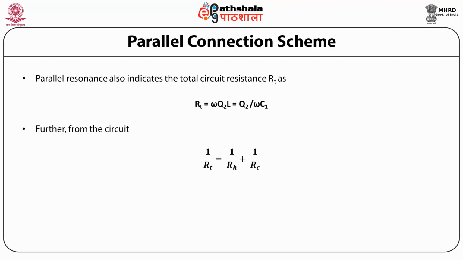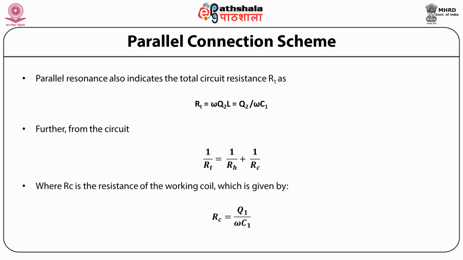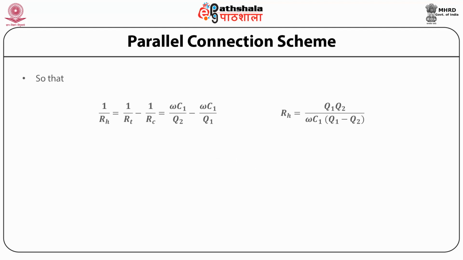Further, from the circuit, 1 by RT is equal to 1 by RH plus 1 by RC, where RC is the resistance of the working coil, which is given by RC is equal to Q1 by omega C1. So that 1 by RH is equal to 1 by RT minus 1 by RC.